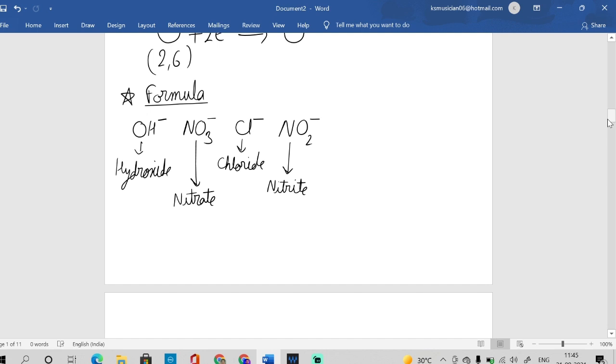Okay, and it is hydrogen carbonate, HCO3 negative, means there is one valency basically. Hydrogen carbonate. So they have one valency because only one negative charge is present there.